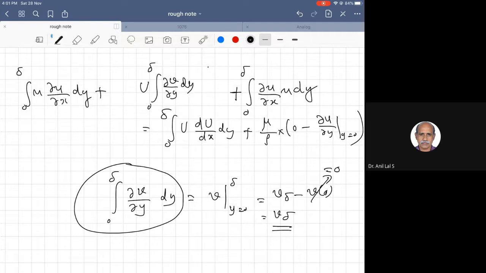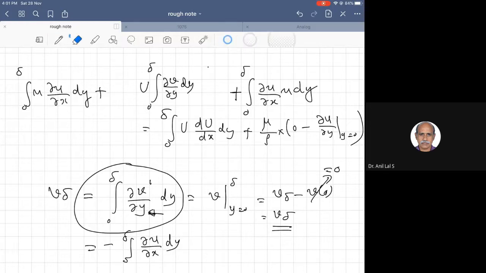Further, one more thing I can do: this is V delta, and again I'll use the continuity equation to write it in terms of minus dou u by dou x. So minus integral 0 to delta dou u by dou x dy. That I substitute here so that it will be simplified properly.